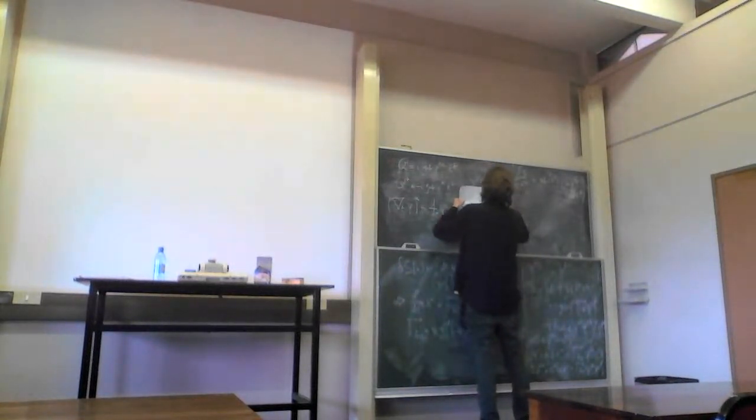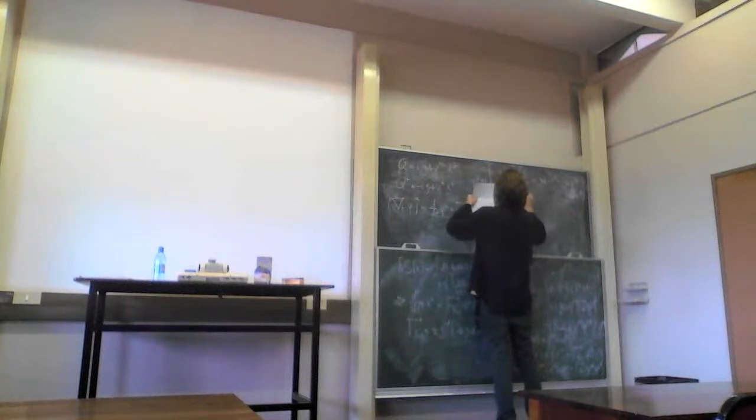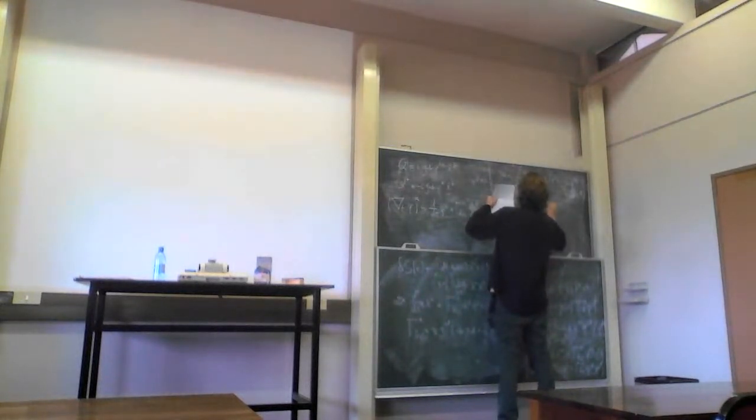Okay, and similarly, the conjugate momenta for the fermions, which you get by varying the action with respect to psi dot, is equal to psi dagger times the metric.